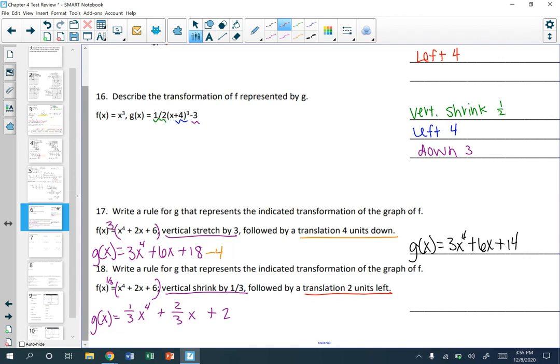And 2 units left would be plus 2. So wherever I see an x, I need to replace that with an x plus 2. Okay, so what I did there, I did x plus 2.